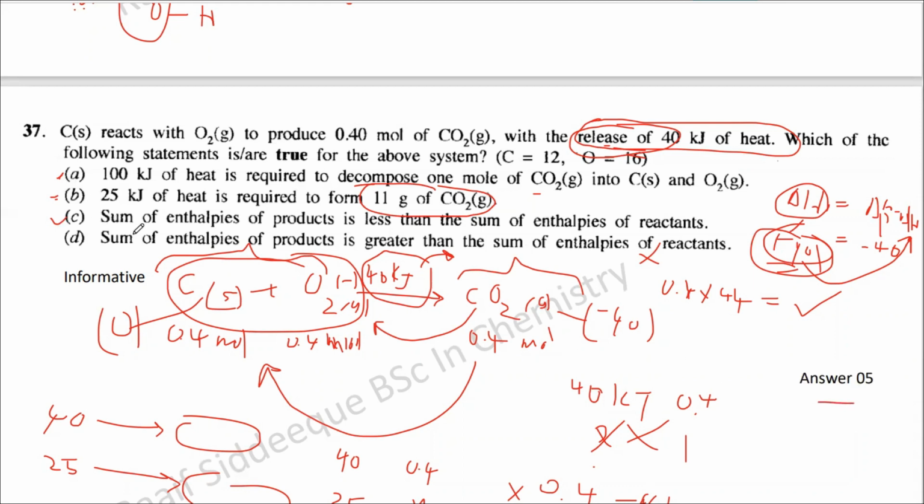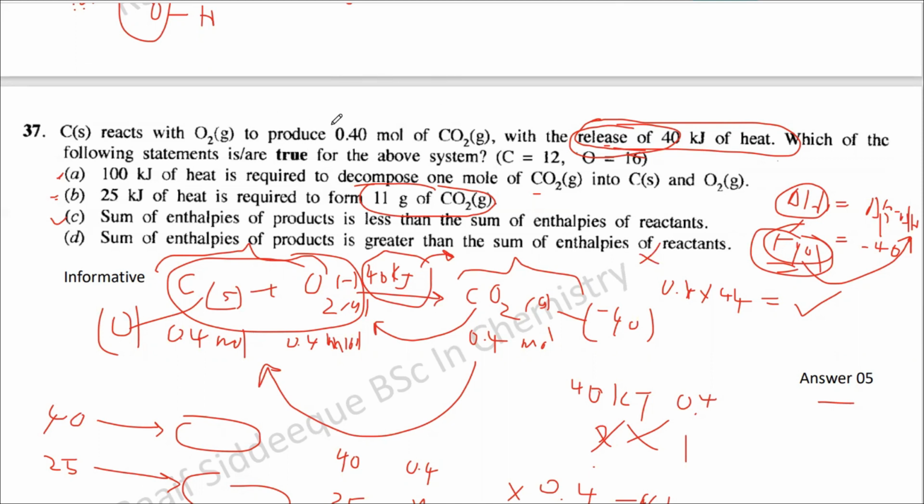But don't forget, this reaction depends upon many other factors also, right? Because they say carbon solid reacts with oxygen to form 0.4 moles of CO2 gas, right? Where is the temperature here?